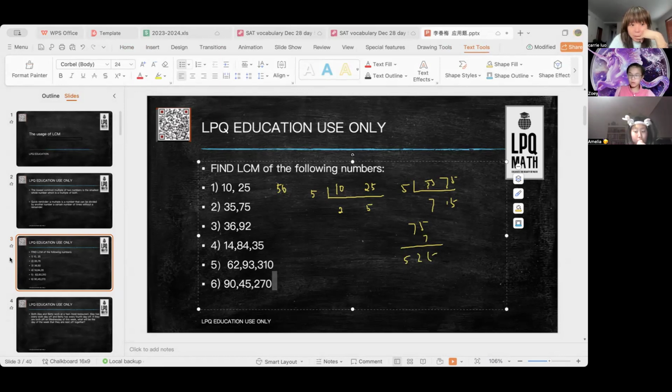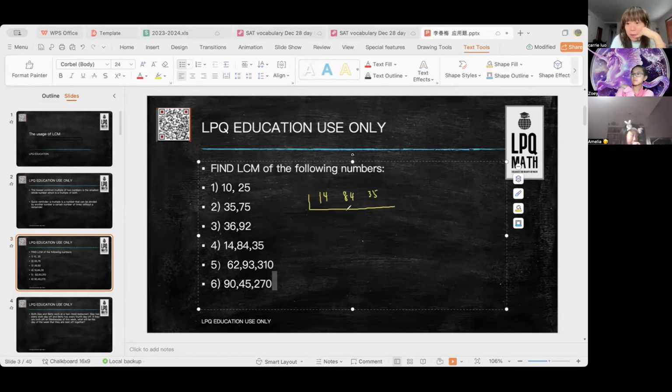Okay, but I'm going to talk about the 4th, 5th, and 6th. Let's see, 14, 84, and 35. When we're talking about three numbers, first we try to find the common factors for all three of them, right, Amelia? So we divide by 7 and get 2, 12, and 5.